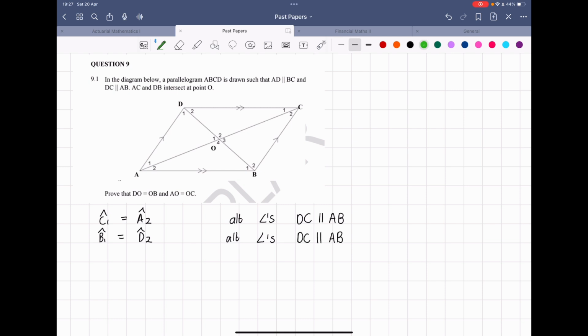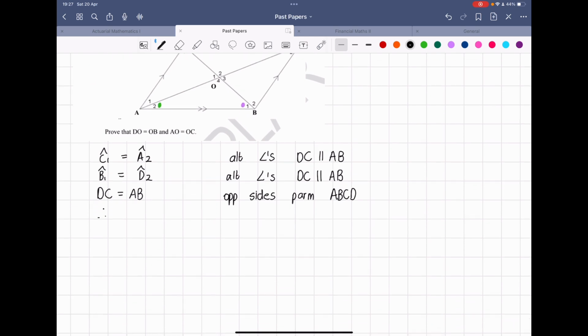Okay, so now I have that this angle is equal to this angle, and this angle is equal to that angle. And then I just need a side, so I'm going to say that these two are equal. And that's because of opposite sides of a parallelogram ABCD.